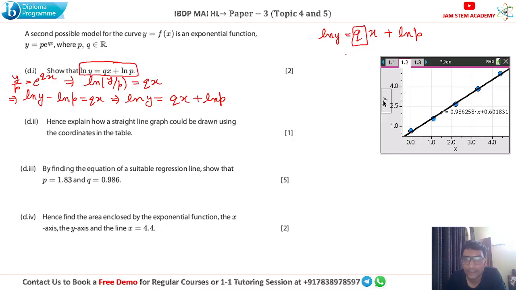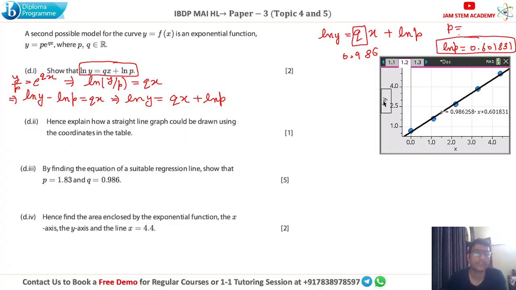In this case, it is 0.986, correct up to three significant figures. And natural log of p, what is that? Natural log of p is 0.601831. You can also use your n solver to give you the value of p.